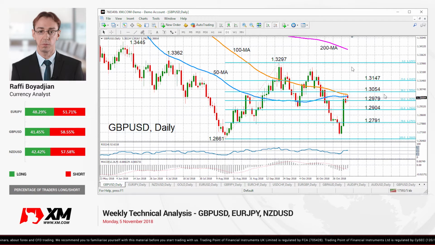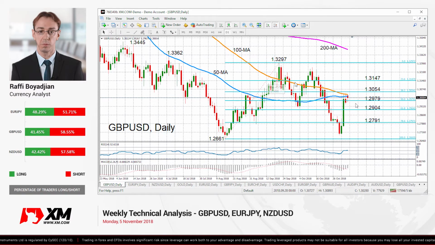In the medium term, the outlook has been fairly neutral since August, so a break above 1.33 would potentially signal a shift to a more bullish one in the medium term.